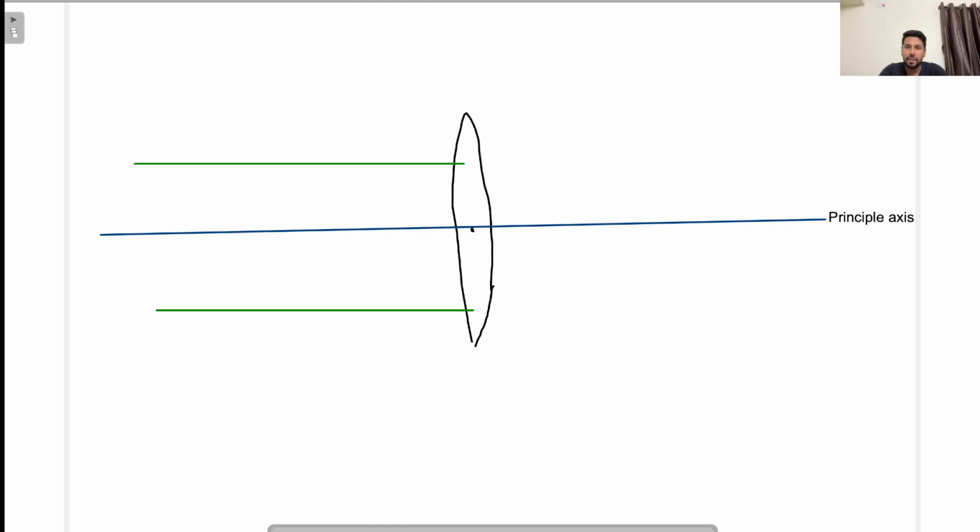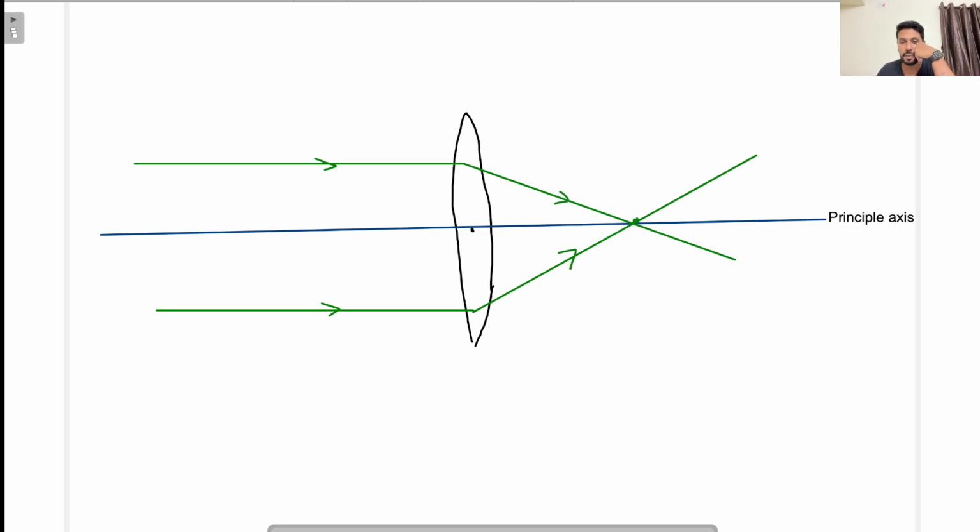Same way, we have a point for every lens which is known as focus, and it is a point where all the light rays that are coming parallel to the principal axis are going to pass through the focus. No doubt about that.